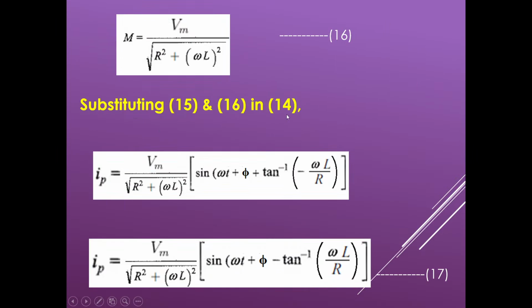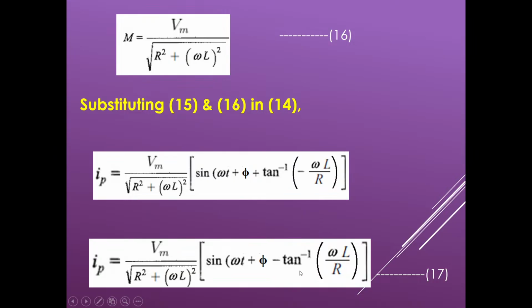Substitute this in your equation number 14. So IP will be a particular value. The particular solution of the current, that is IP, is equal to Vm by root r square plus omega L whole square into sine omega t plus phi plus, instead of theta, we must write tan inverse of minus omega L by r. So tan inverse of minus omega L by r is nothing but minus tan inverse of omega L by r.